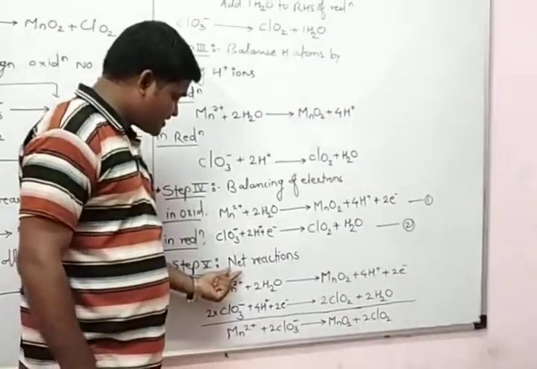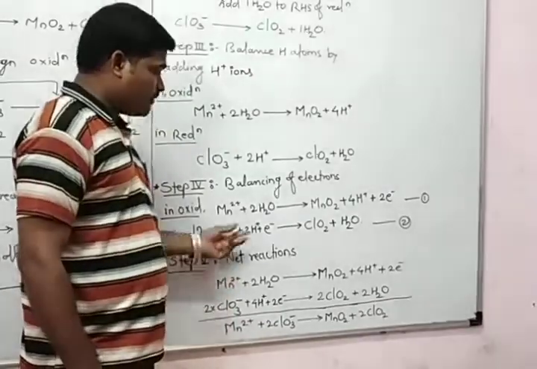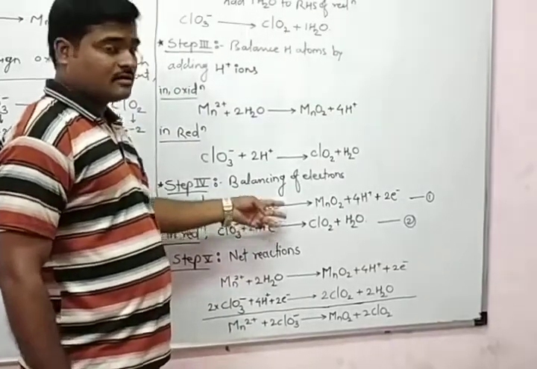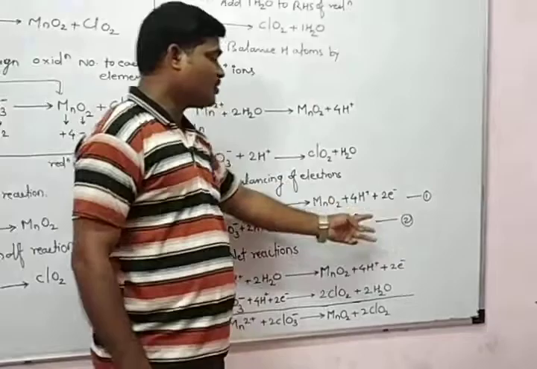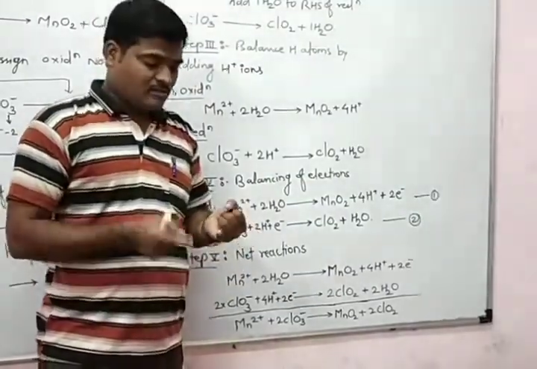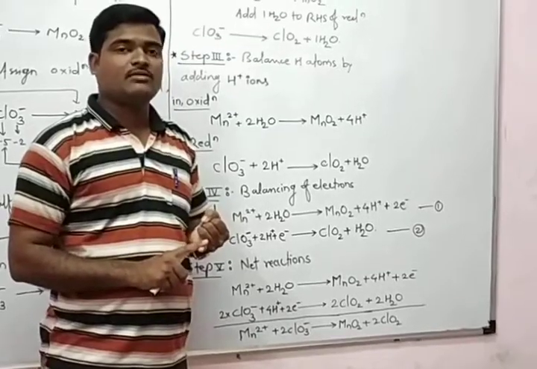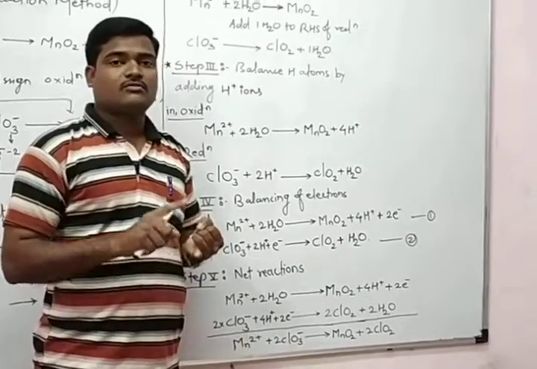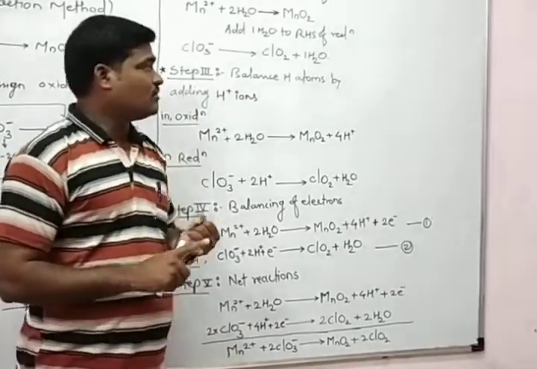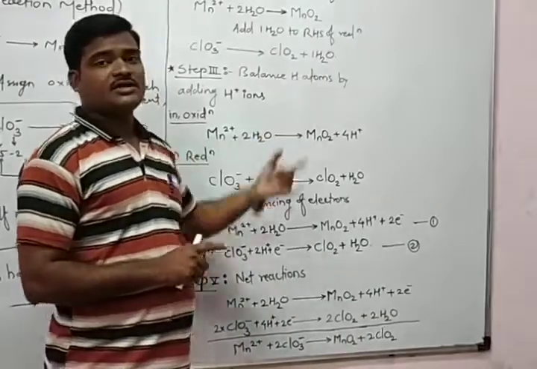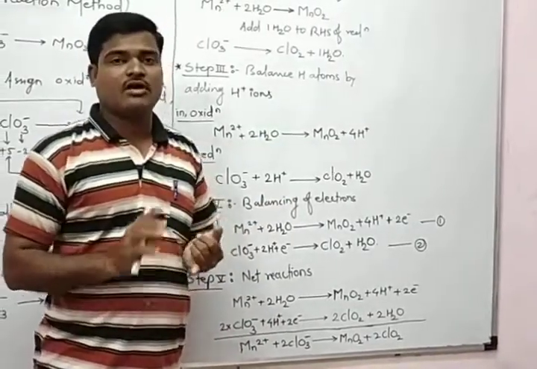Here in this case, we have to add both these equations, because first we assigned the oxidation number to each and every element. In the given reaction the number of oxygen atoms was not balanced.